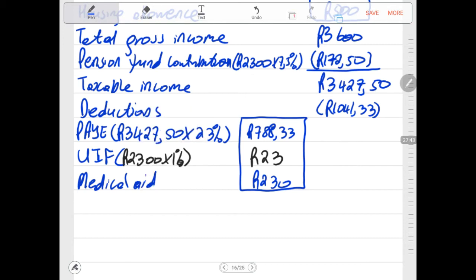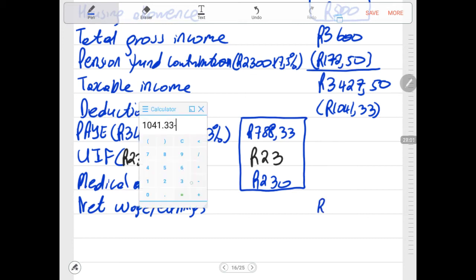Then this will give us what we call the net wage, or the net earnings, because they use the term earnings.